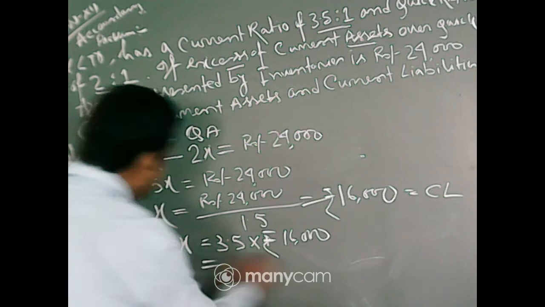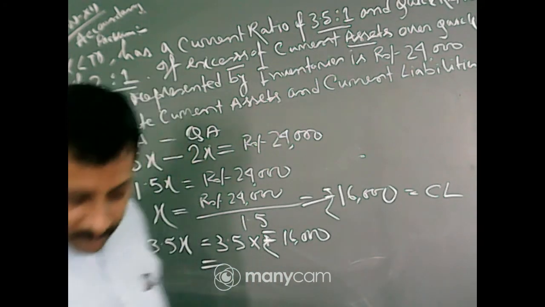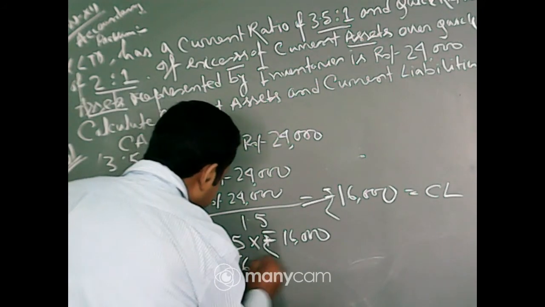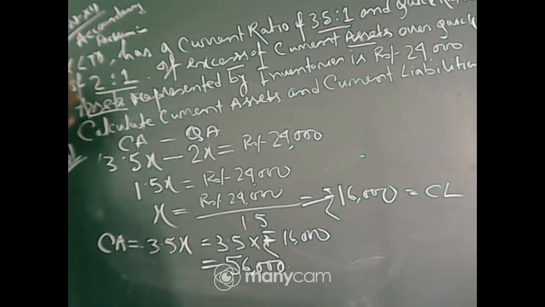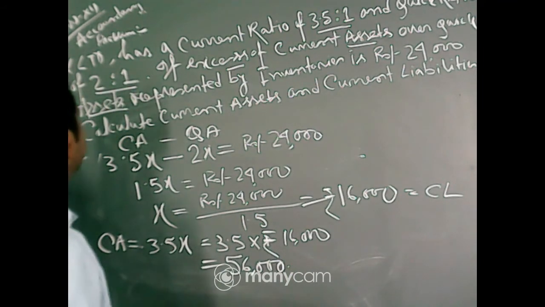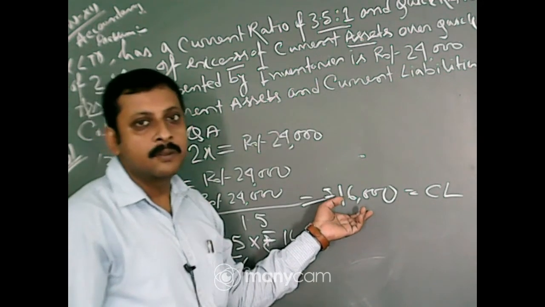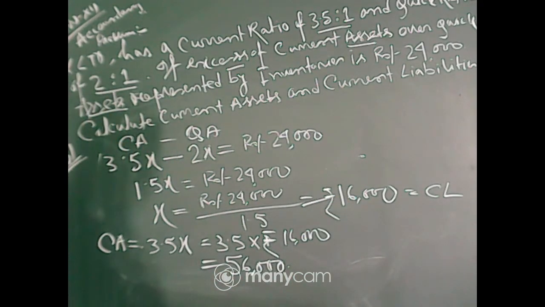What will come? It is 56,000. Okay, that is 56,000. Now whatever the problem said, we have already got, that is, calculate current assets and current liabilities. Current liabilities value is rupees 16,000 and current assets value is 56,000.